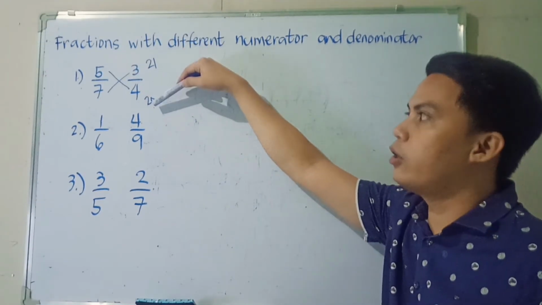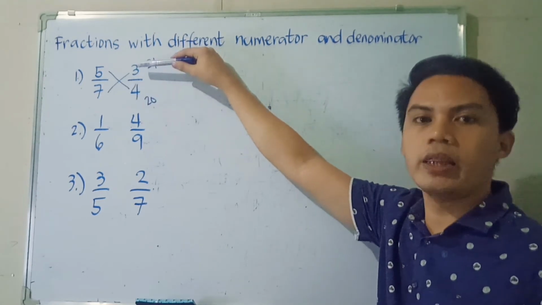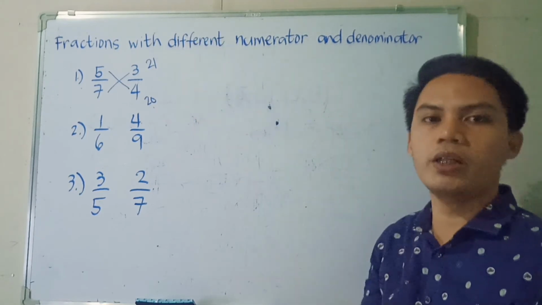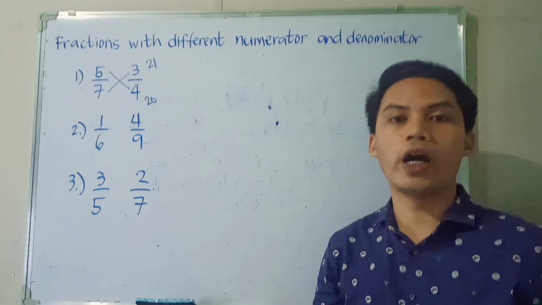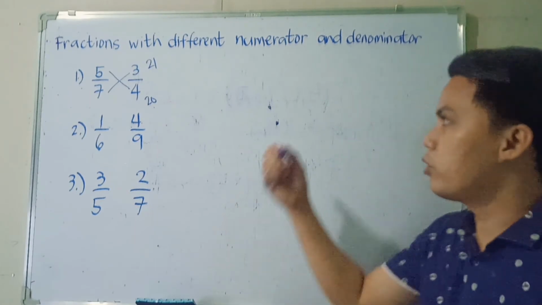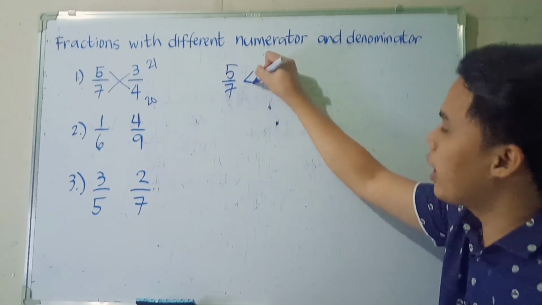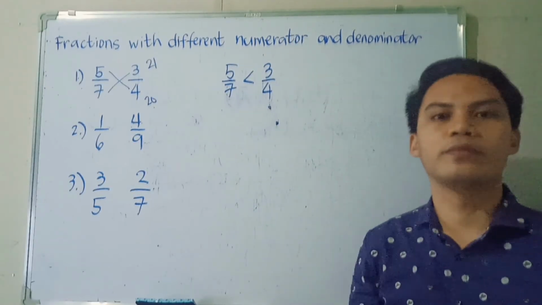So we have 21 and 20. So mas malaki yung product ng 7 at ng 3. So mas malaki yung product na nasa taas, ibig sabihin nito, mas malaki ang 3/4 as compared to 5 over 7. So yung symbol natin would be 5 over 7 is less than 3 over 4.